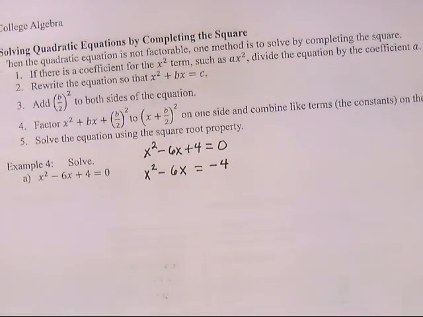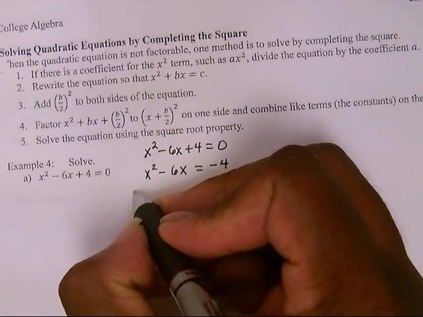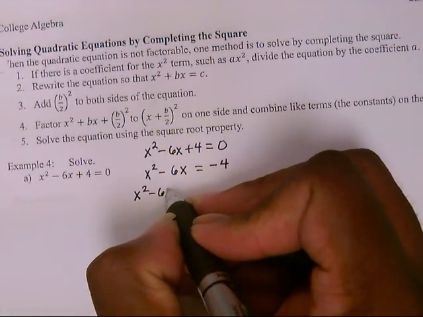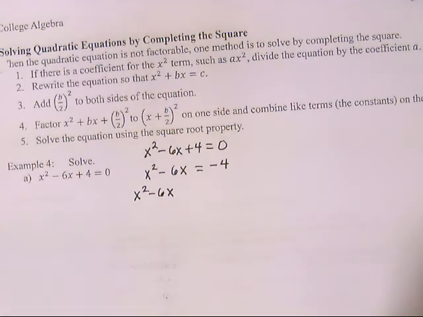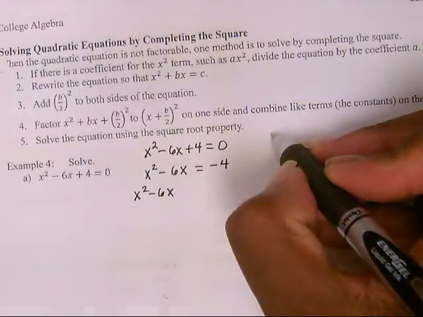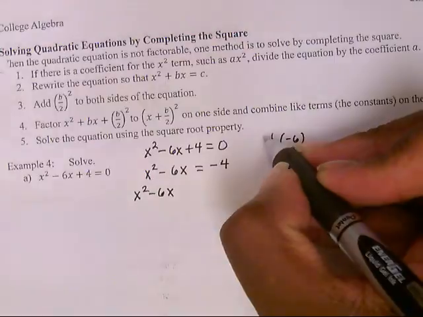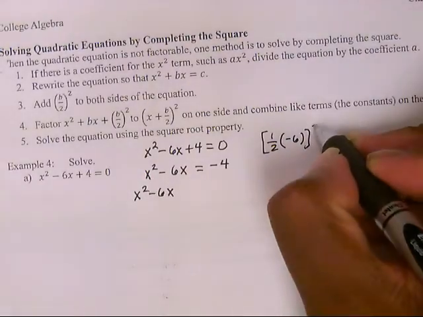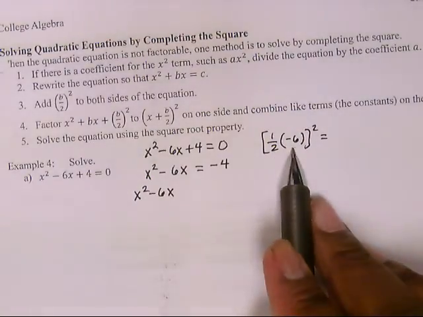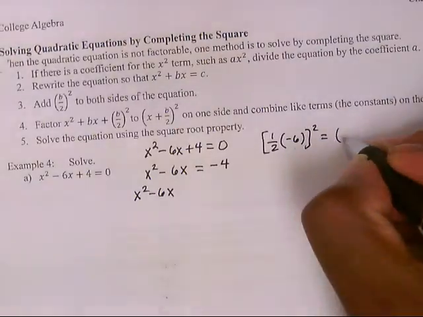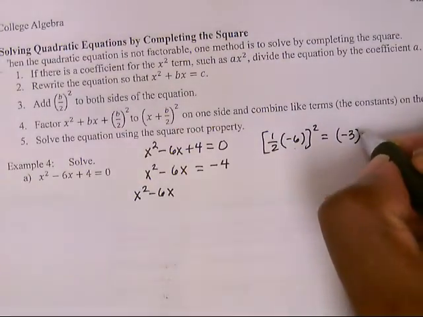The left side, I'll complete the square. Now up to the side, you can do this. 1/2 the coefficient of x, which is negative 6, and then that's going to be squared. Take 1/2 of negative 6, you're going to get negative 3.